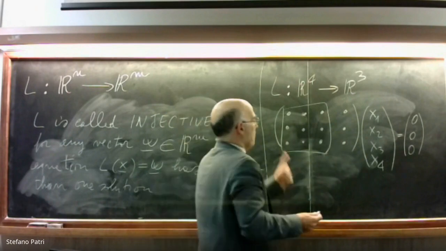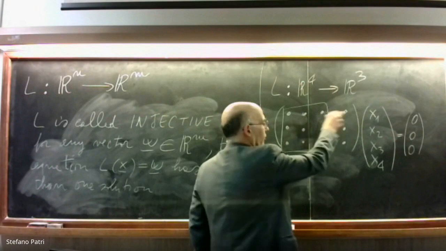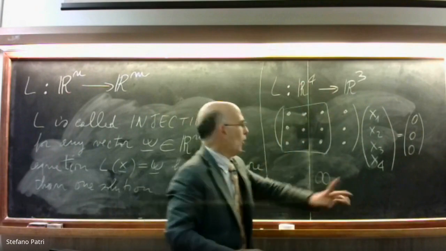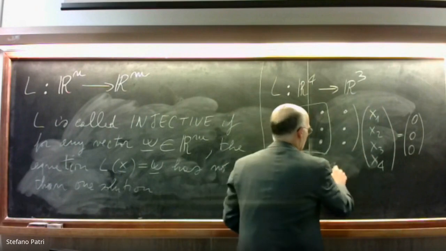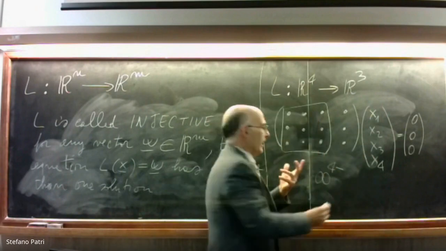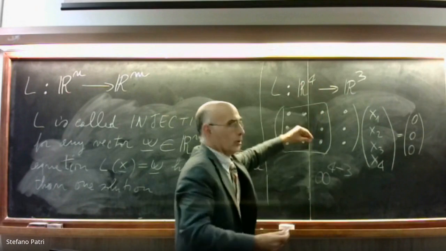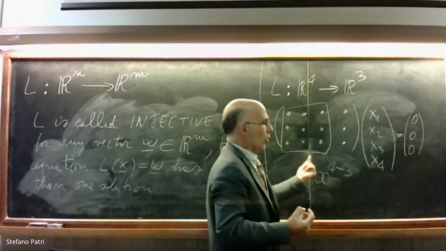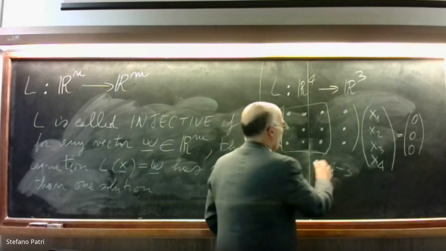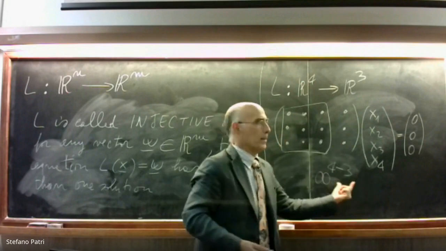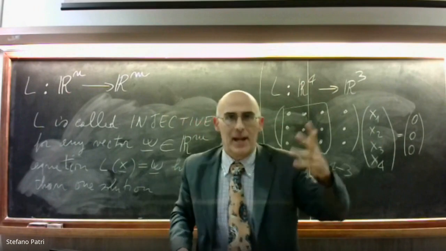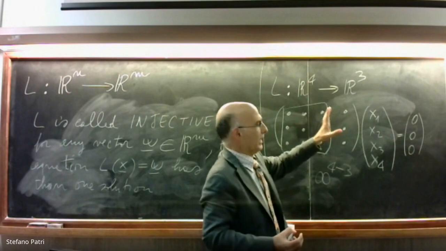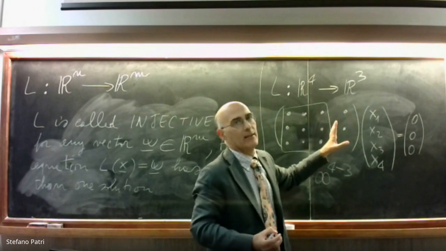Well, but the solutions of this system are then infinite, with 4 unknowns minus rank 3, or rank 2, or rank 1. Anyway, I want to convince you that there will always be infinitely many solutions. The solution can never be unique in this case.